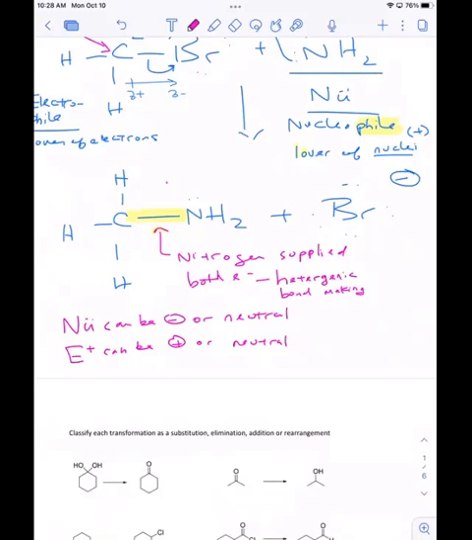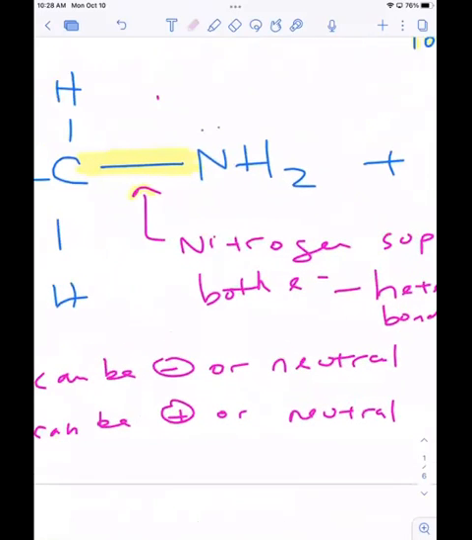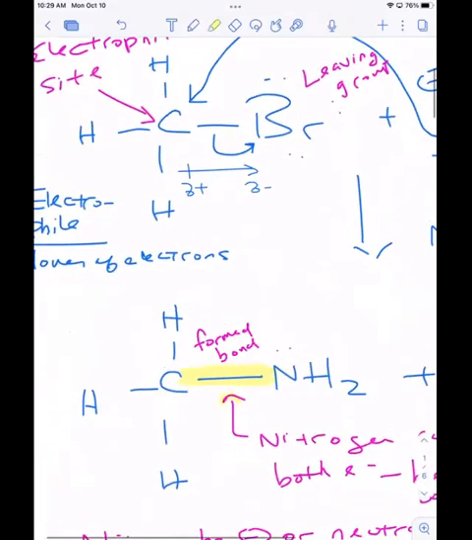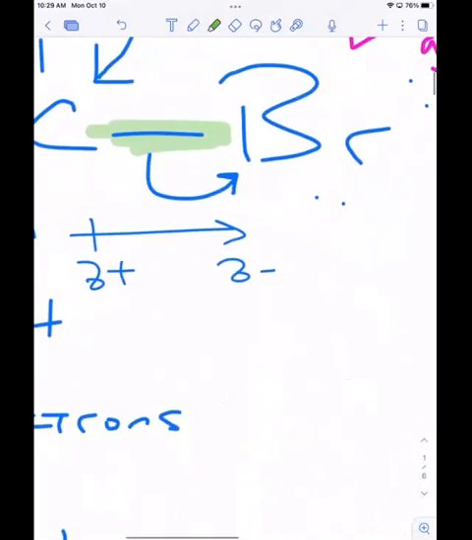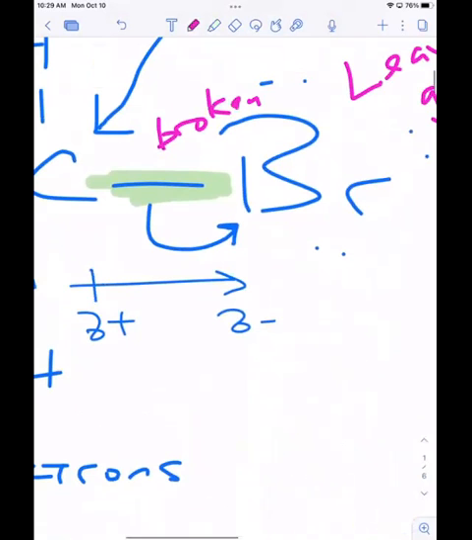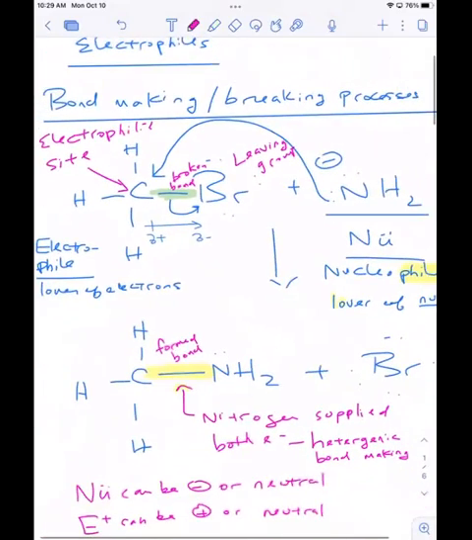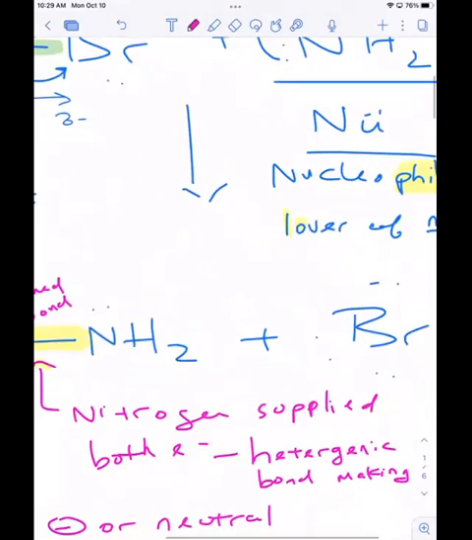And then what bond got broken? What do we break? That's a formed bond, and then up here we broke this bond. Is that right? Broke that bond. When we broke that bond, where did the electrons go? Let me fill these in. Where did the electrons go?